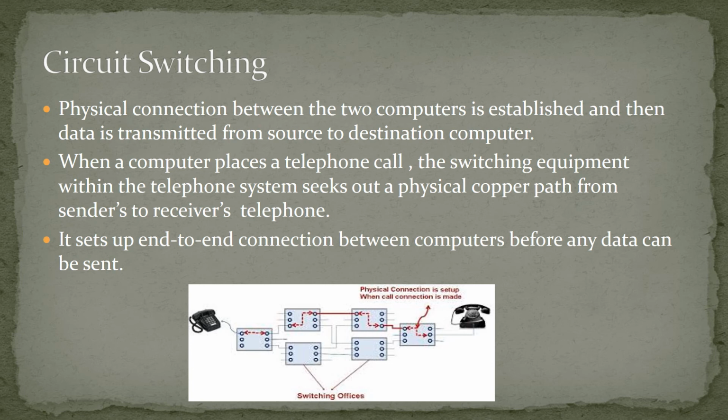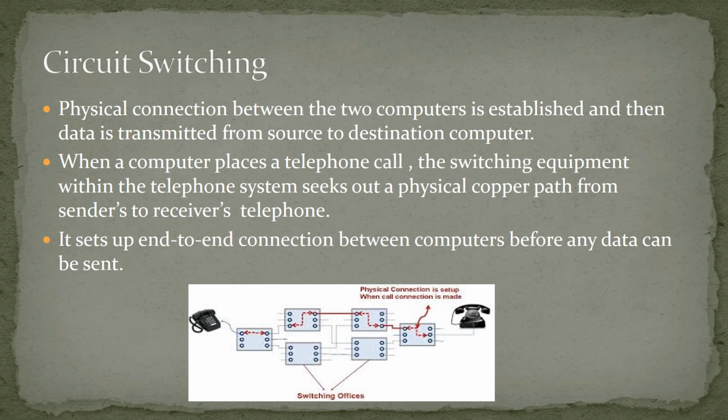A very common example of circuit switching is a telephone. In a telephone, the circuit is complete only if the call is received at the other end. If the call is not received, then we do not consider it as a communication.